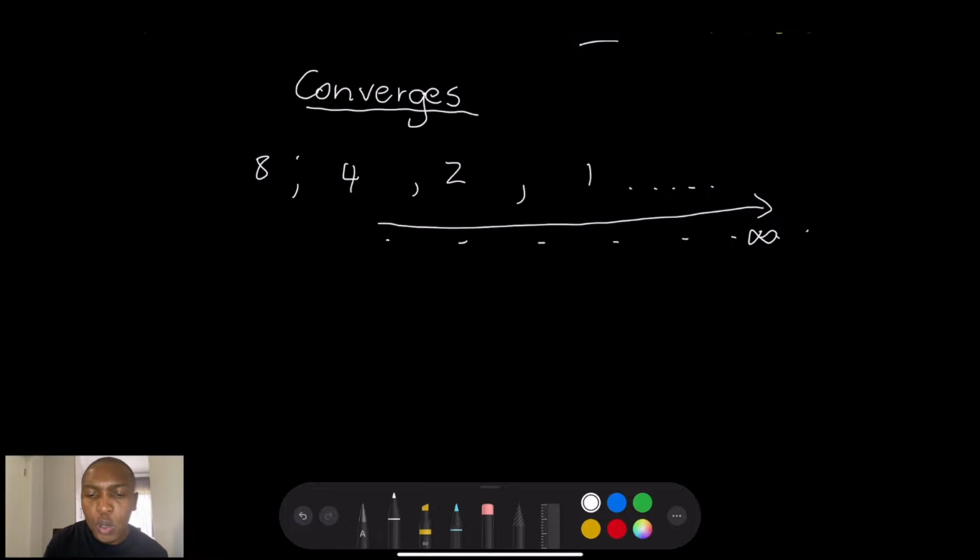What is our value for a? Our value for a in this case is 8, and our value for r, if you take t2 divided by t1, is 4 divided by 8. Sorry, the other way around, so that's 4 divided by 8, and you can do the same with t3.